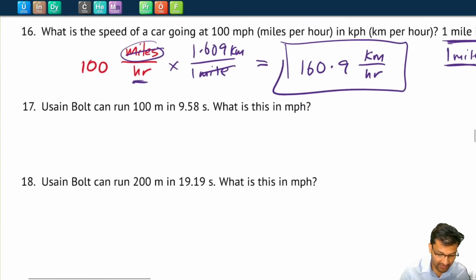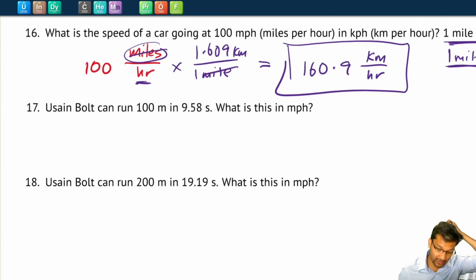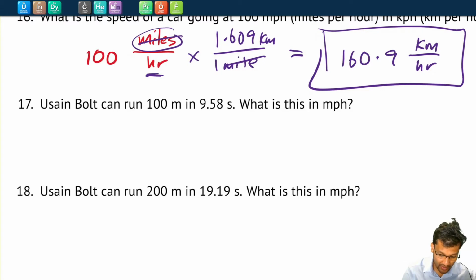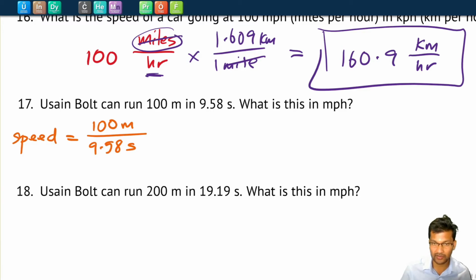Number 17 says that Usain Bolt, the Jamaican speedster, can run 100 meters in 9.58 seconds. What is this in miles per hour, which is what we're accustomed to with cars and the like? That's the speed: distance, 100 meters, over time, 9.58 seconds.